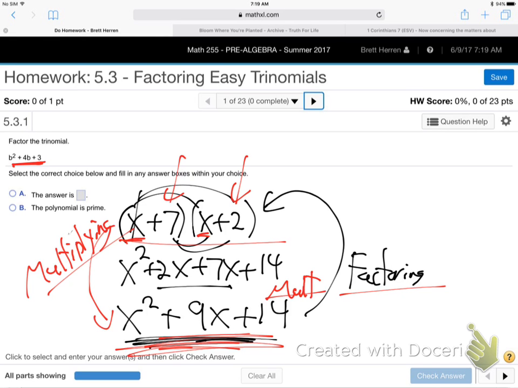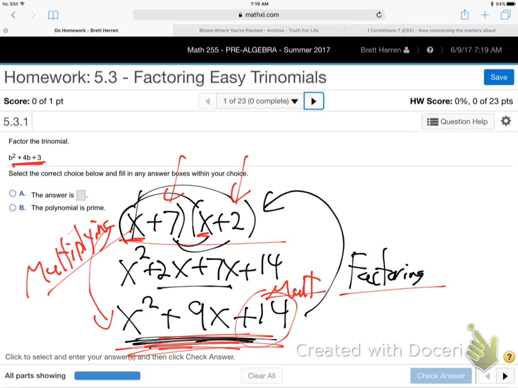You ask yourself, what two numbers multiply to be 14? Everybody see that? That's how you come up with a 7 and 2. You're kind of thinking multiply backwards. That's what factoring is. And so you say, okay, I got to get two things that are going to multiply to be 14. What times what's 14? 7 and 2.